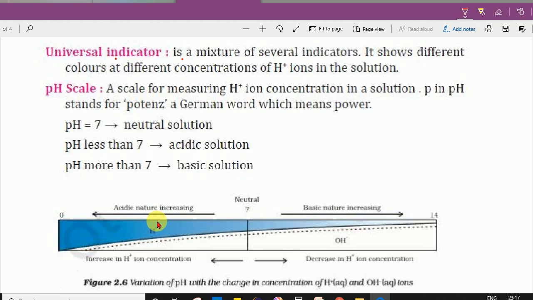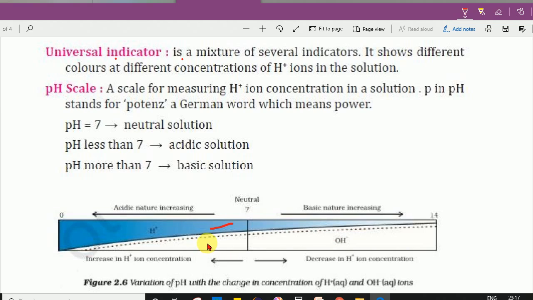I will show you the pH scale as shown in NCERT as well. Here you need to understand that the H ion concentration is increasing when we move from 7 to 0, and OH ions have also been shown here. You can see the white color line boundary, showing OH ions. Why have we shown OH ions here?